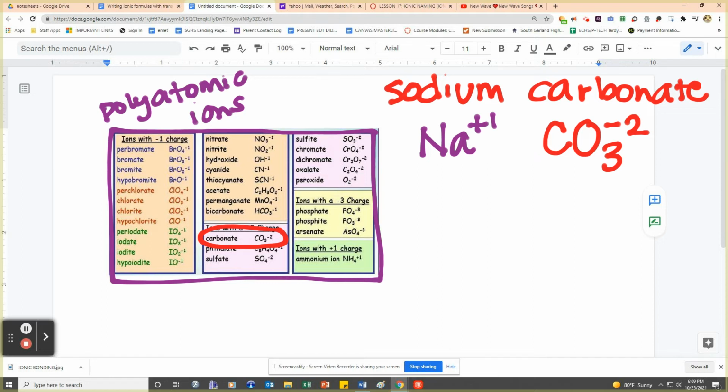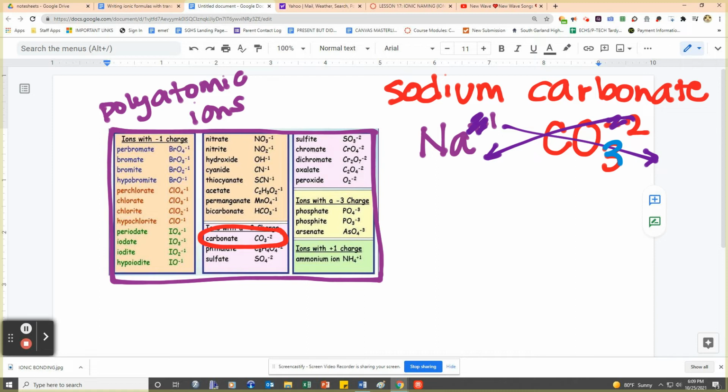See it? And then you just follow exactly the same pattern that we've been doing. You take out the positive, you take out the negative, and then you cross those numbers. Before we do that, I want you to look closely first at CO3, -2.